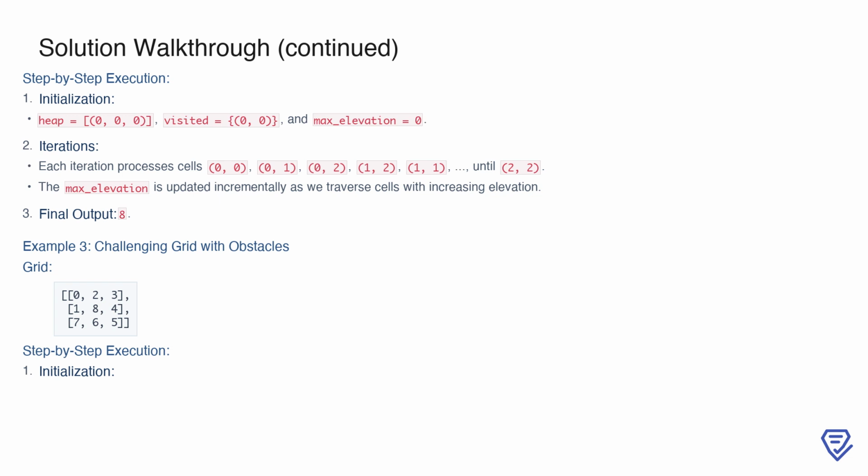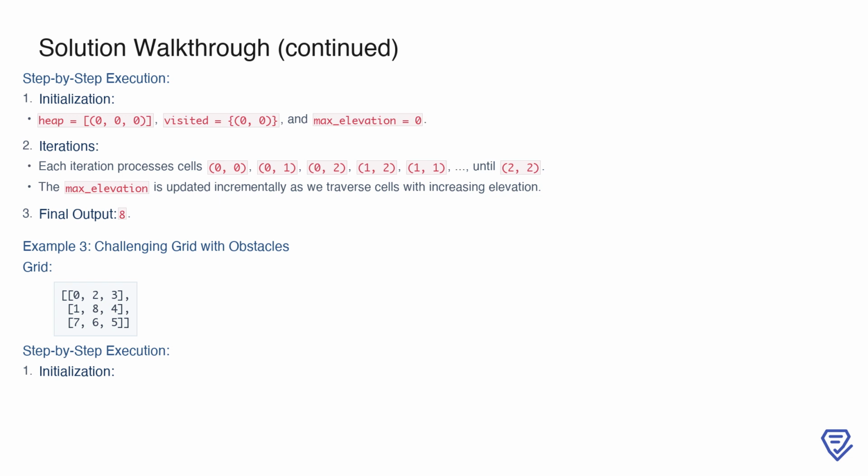For this grid, the traversal order includes cells such as (0, 0), (0, 1), (0, 2), (1, 2), and so on, eventually reaching the bottom right cell, (2, 2), at elevation 8. The max_elevation is updated step by step as we explore higher elevation cells. By the time we reach (2, 2), the maximum elevation encountered along any valid path is 8.